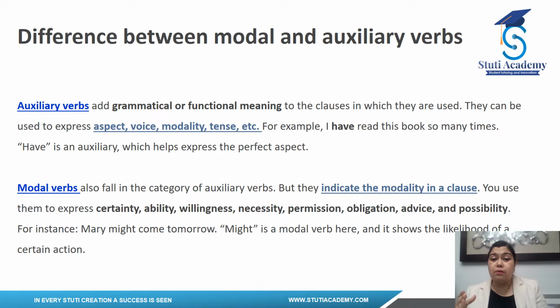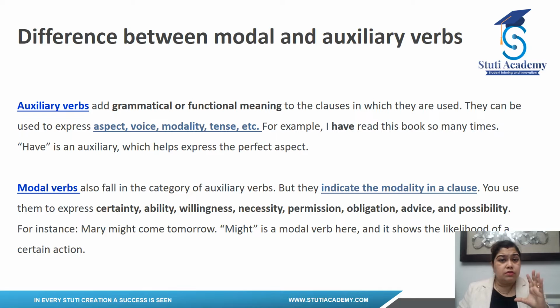So you're talking about I have read. Reading is an action, so it is the principal verb. And have here is an auxiliary verb, which expresses the perfect aspect.